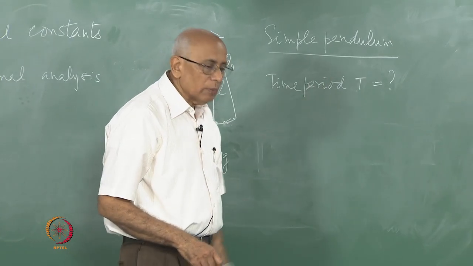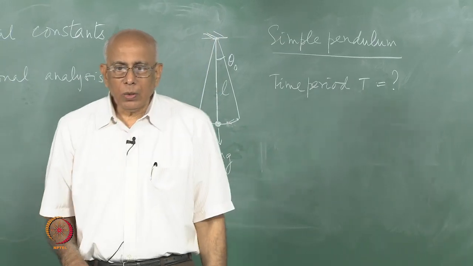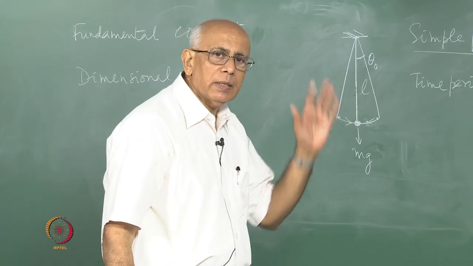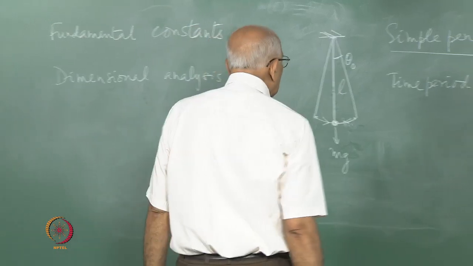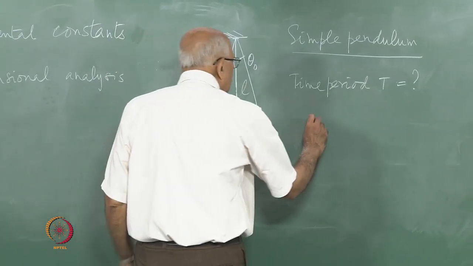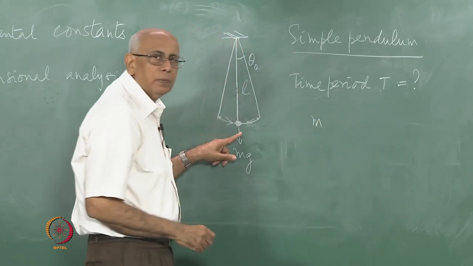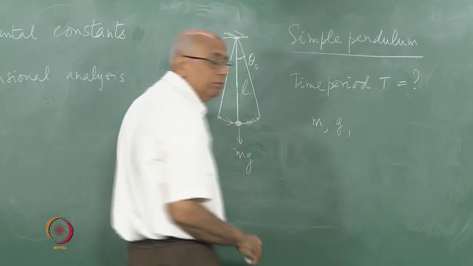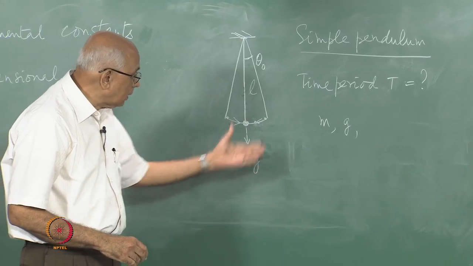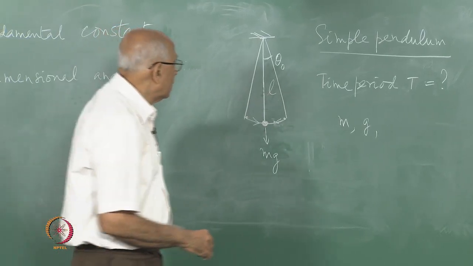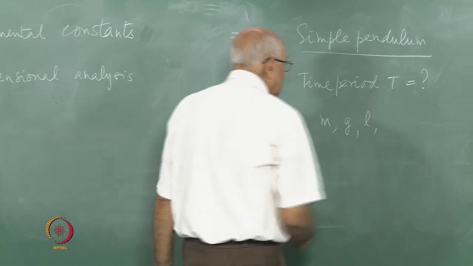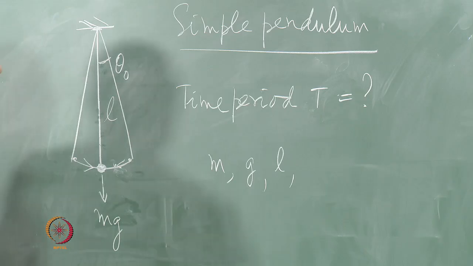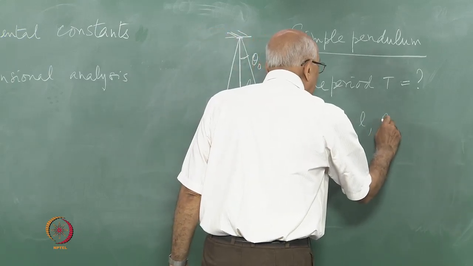I want to ask what can this possibly depend on? Now comes a very important point. It is going to depend on a large number of factors in general, and let us start writing all these down and classifying what they look like. Certainly your first guess would be that it depends on the mass m. It should depend on g, because that is the force that is causing the motion in the first place. It should perhaps depend on L, the length of this rod. It should perhaps depend on the amplitude theta naught.